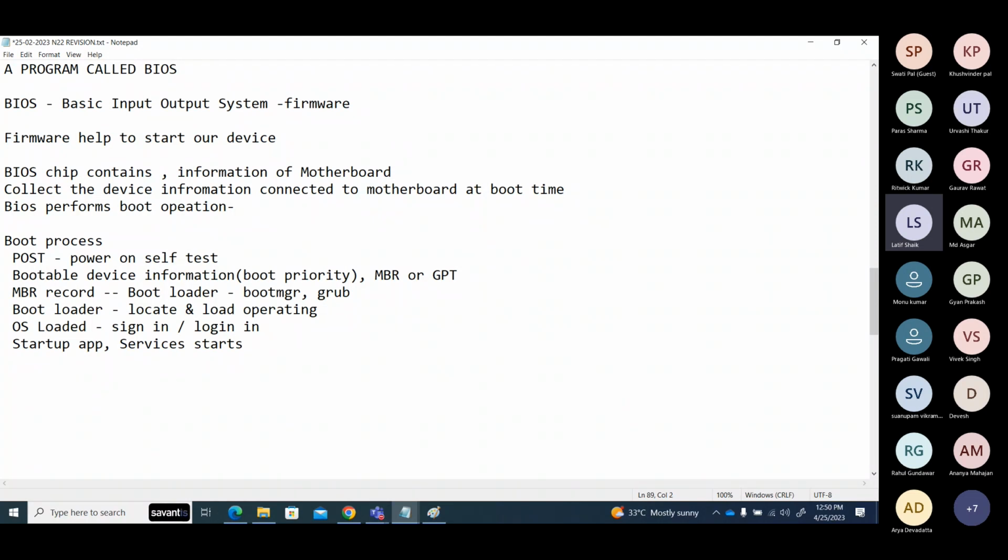So this is your boot process. Normally the boot process is explained at BIOS time only, but I told it separately this time.